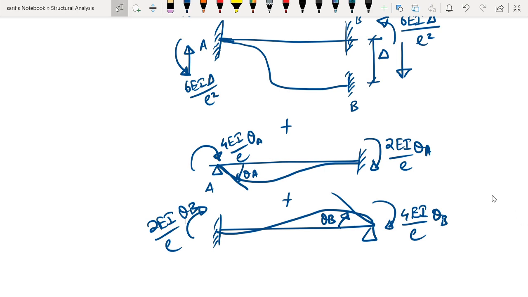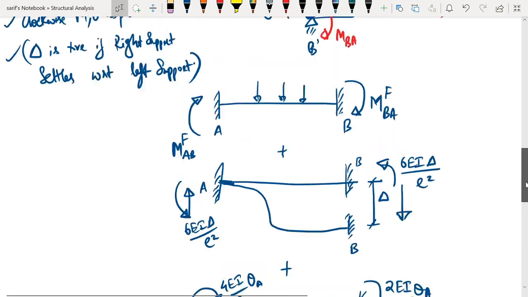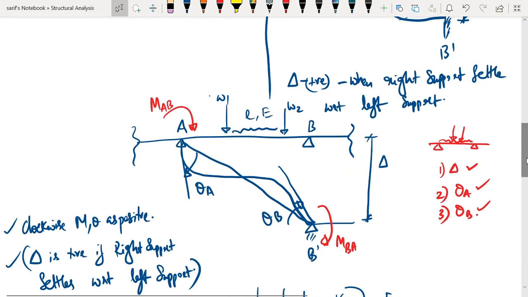If you add all the four cases, you will get the beam which is having a clockwise rotation theta A, a clockwise rotation theta B, and a support settlement of delta. And the net moment that is going to develop at the supports will be nothing but MAB and MBA.